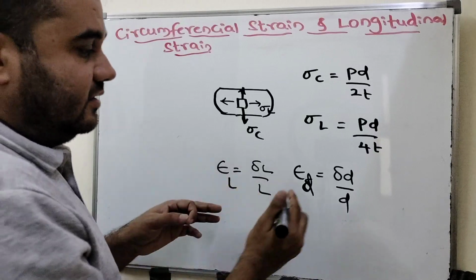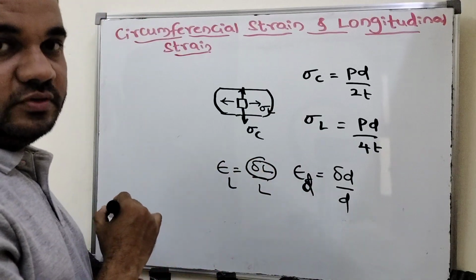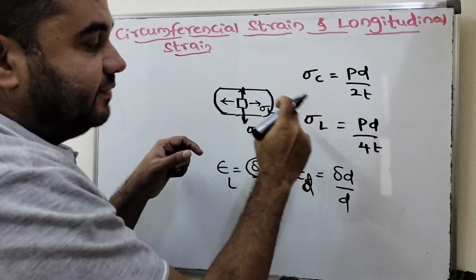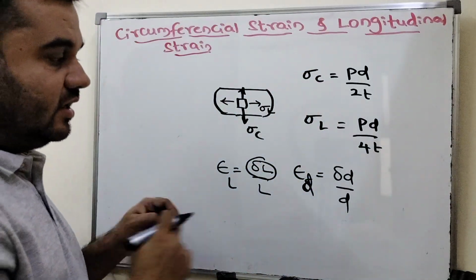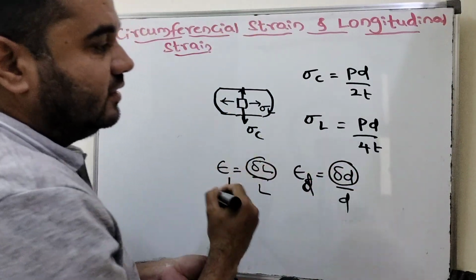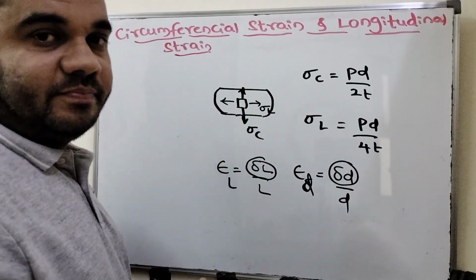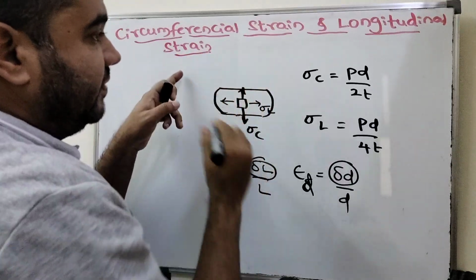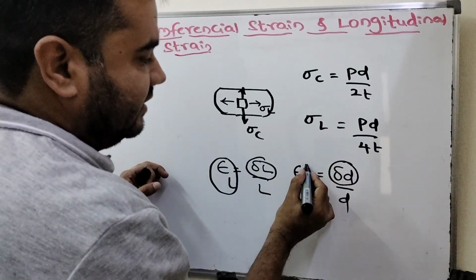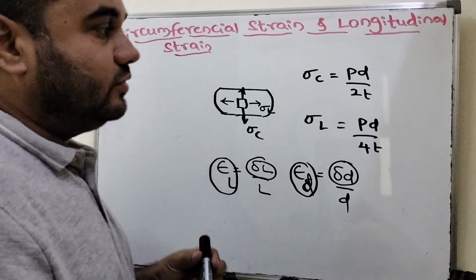From this, you can come to know how much change in length and how much change in diameter there is due to the fluid pressure and these two types of stresses. So in this topic the main focus is the strain along the length, the strain along the diameter, and the change in diameter and change in length. This is how we have to derive it.